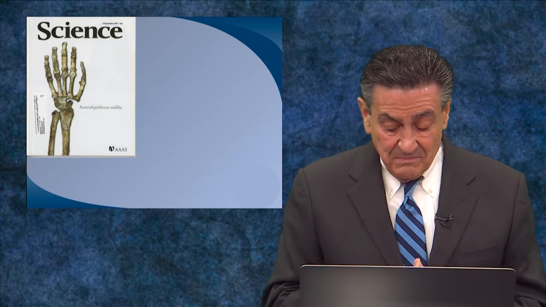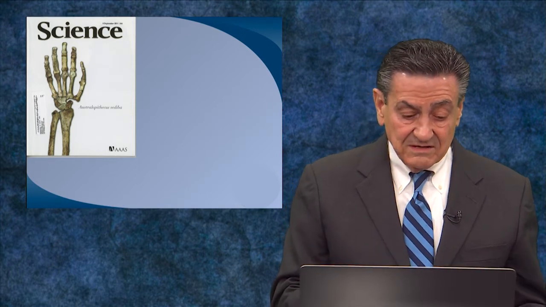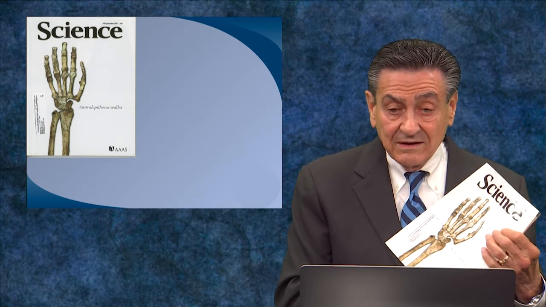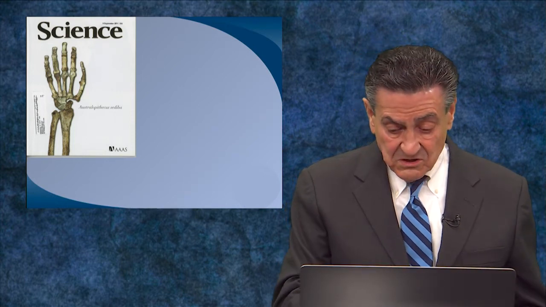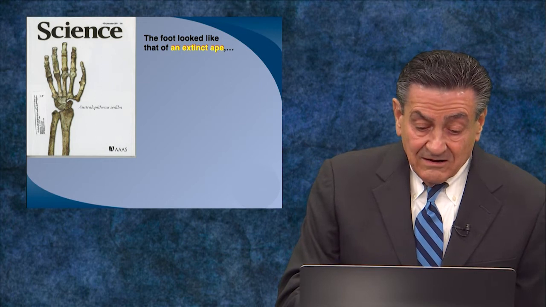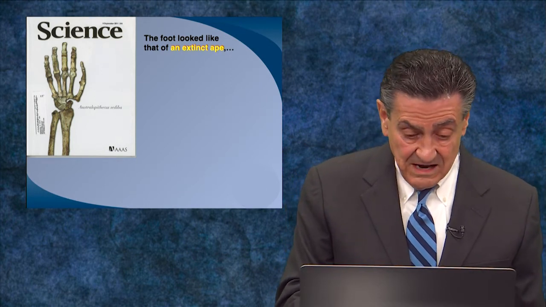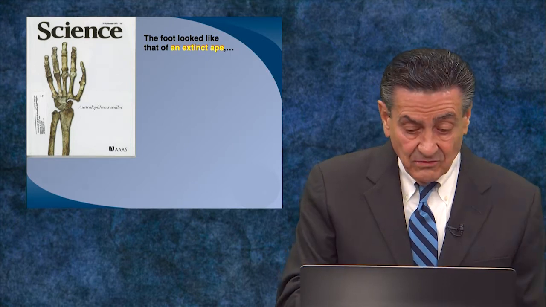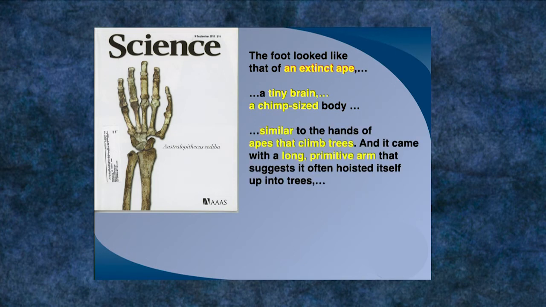This was found back in 2008, and now then presented in Science. A good bit of this journal is dedicated to this description, and I think they need to read what it says. It looked like, that is, the foot looked like that of an extinct ape, which is what they have on the cover. A tiny brain, a chimp-sized body, similar to the hands of apes that climb trees.